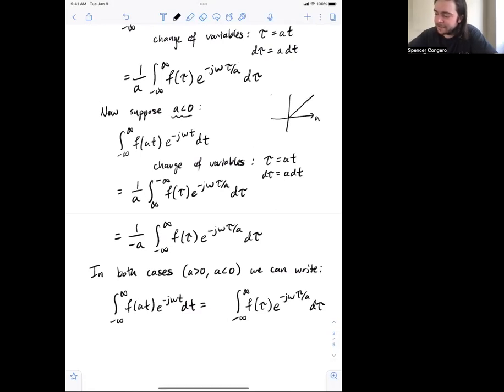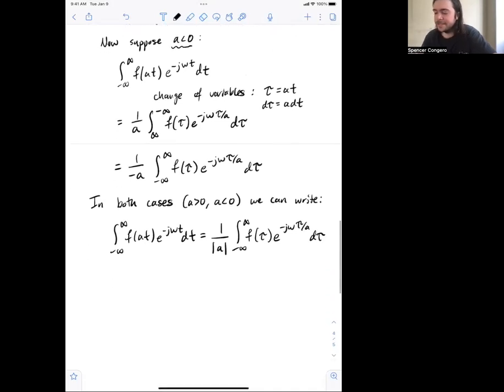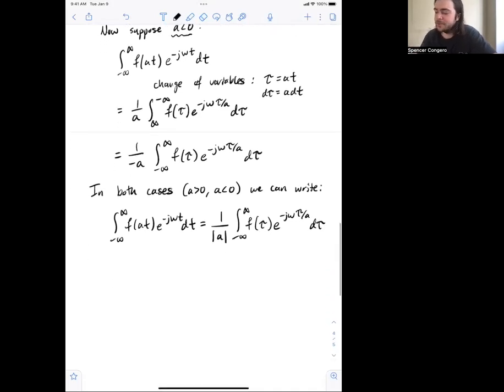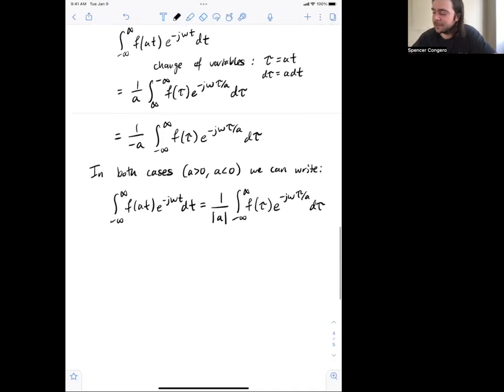When a is negative, I get the function negative a. Well, look at that. That's absolute value of a. When a is positive, absolute value of a just equals a. When a is negative, absolute value of a equals negative a. That's exactly what absolute value does. And so I can just write 1 over absolute value of a. It's a nice little trick to combine both of those cases into one concise expression.